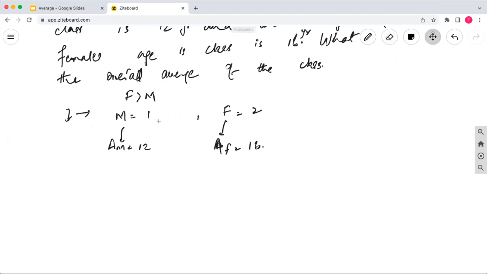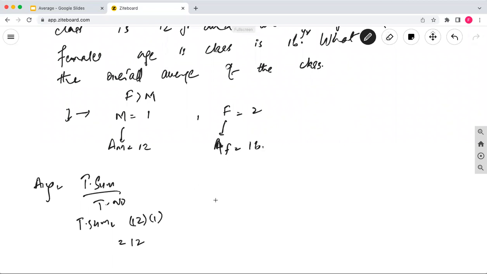The average formula was total sum divided by total number, right? So for the first, total sum will be equal to average 12 times total number 1, so this is 12. And for this scenario, the total sum will be 2 into 16, that is 32.